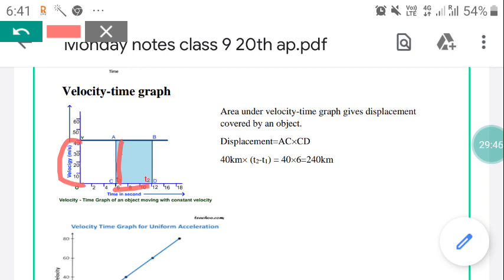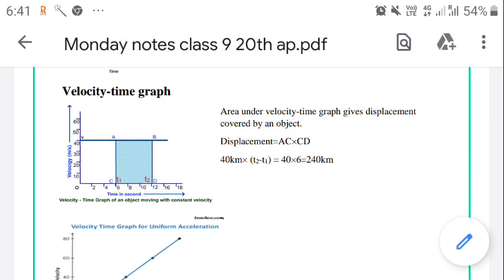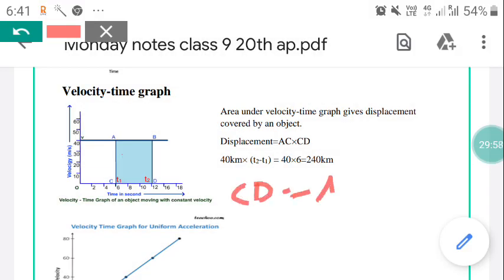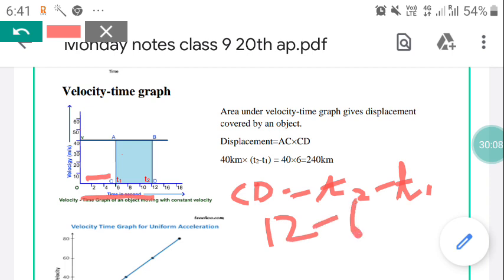And how will we calculate CD? As you can see in the graph, CD is equal to T2 minus T1. The value of T2 is 12 and the value of T1 is 6. 12 minus 6 is equal to 6.